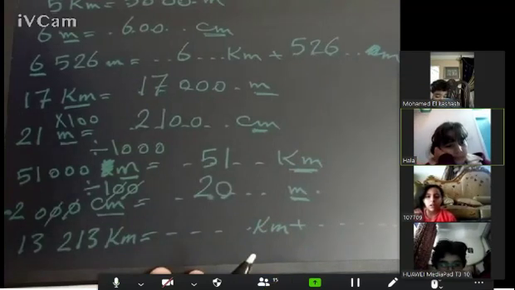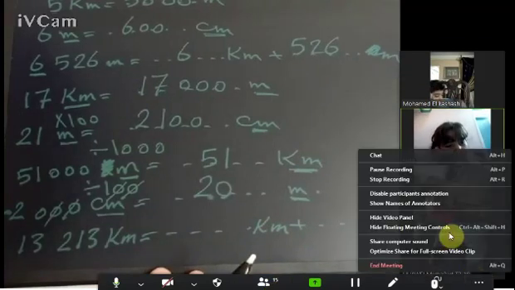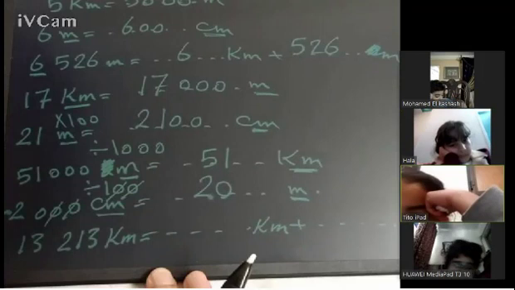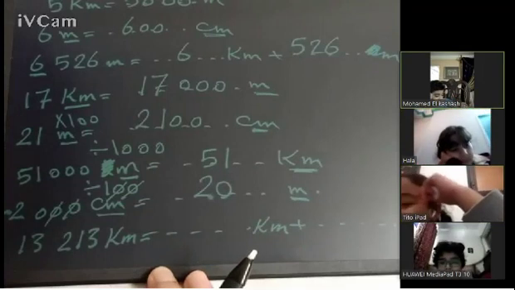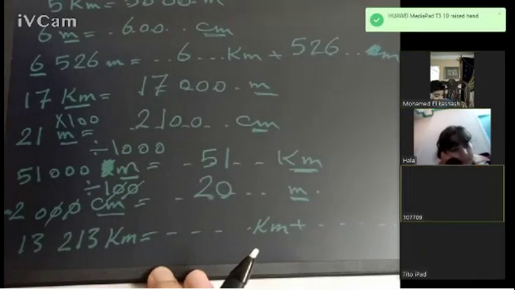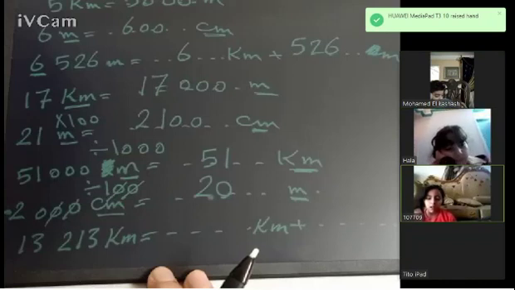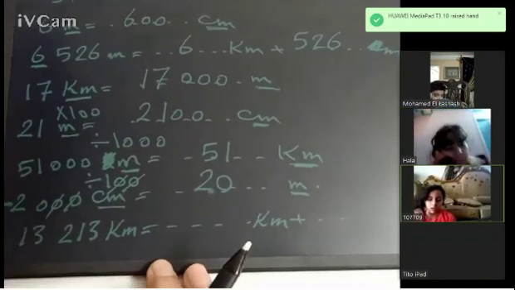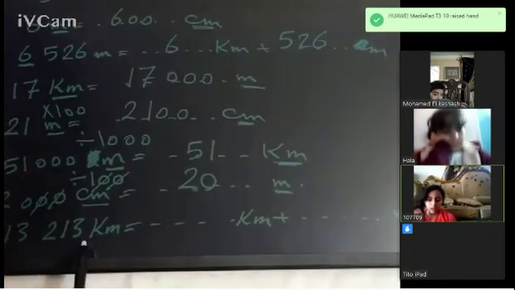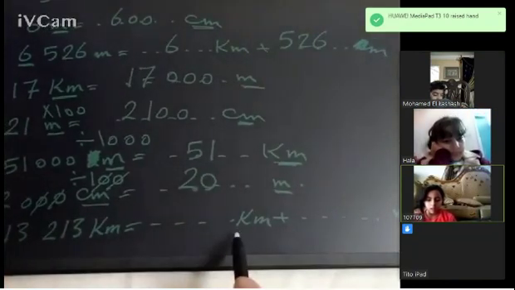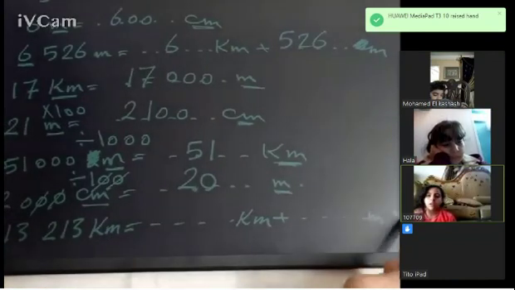Okay, I will move to the next question. Who's gonna answer it? Esther, are you here? Yes. Do you want to answer it? Yes. Okay, answer it, Esther. 13,213 meters equals how many kilometers plus how many meters?